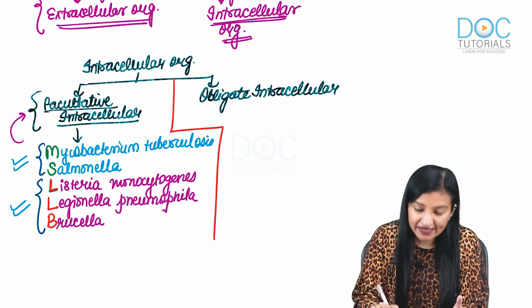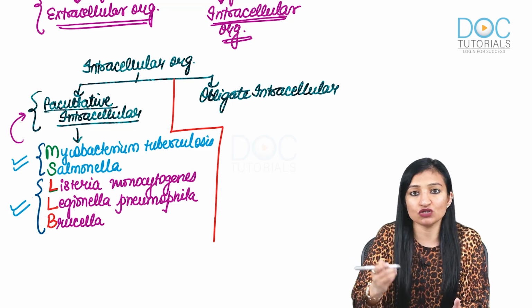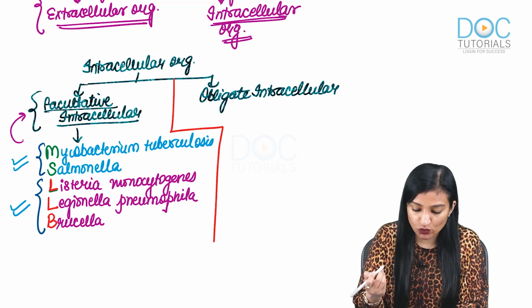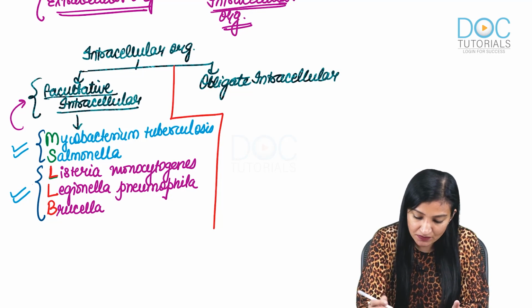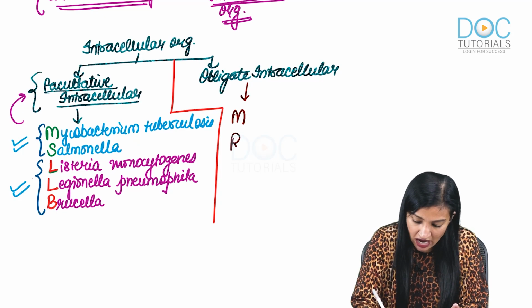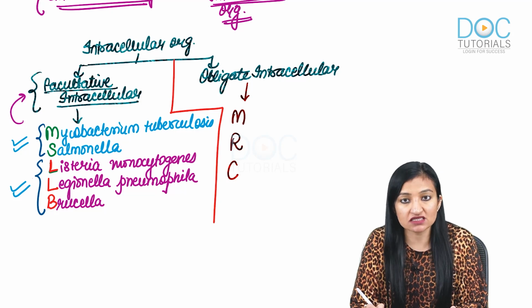Then what about obligate intracellular organisms? Now these are those organisms which have to grow inside a living cell, inside a cell only. Okay, they cannot survive outside. The best example is, remember it as MRC. Now, MRC should remind you of Medical Research Council.